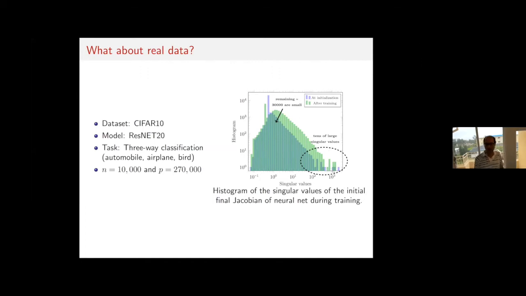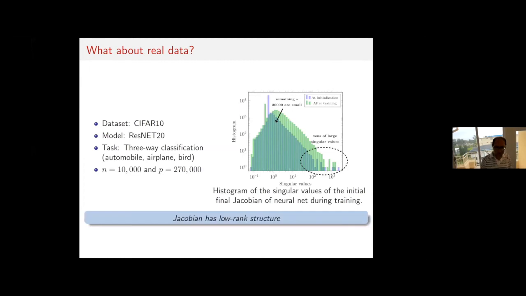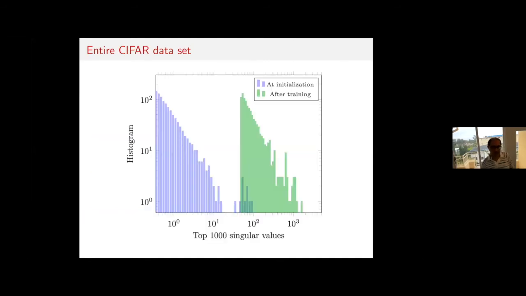Some of the singular values really pop out of the spectrum. So you can see it's approximately low rank, the Jacobian on the real data. And this is going to be the key structure that drives our proofs. This is a more fancy experiment on the entire CIFAR.